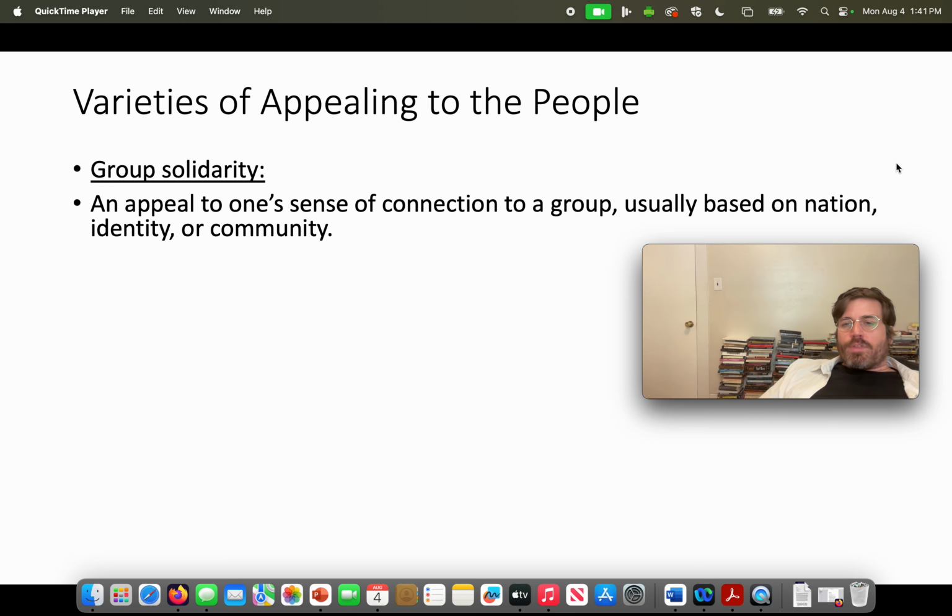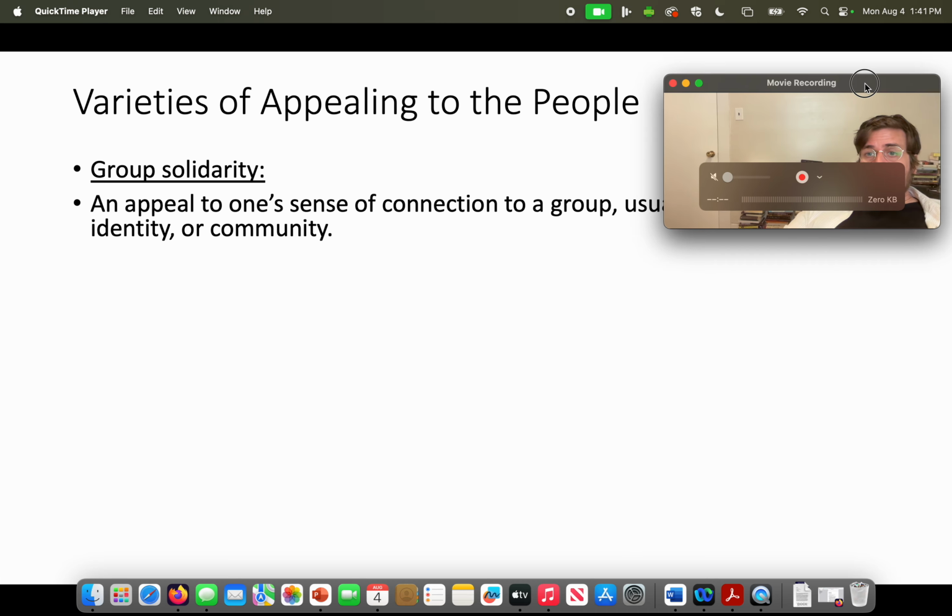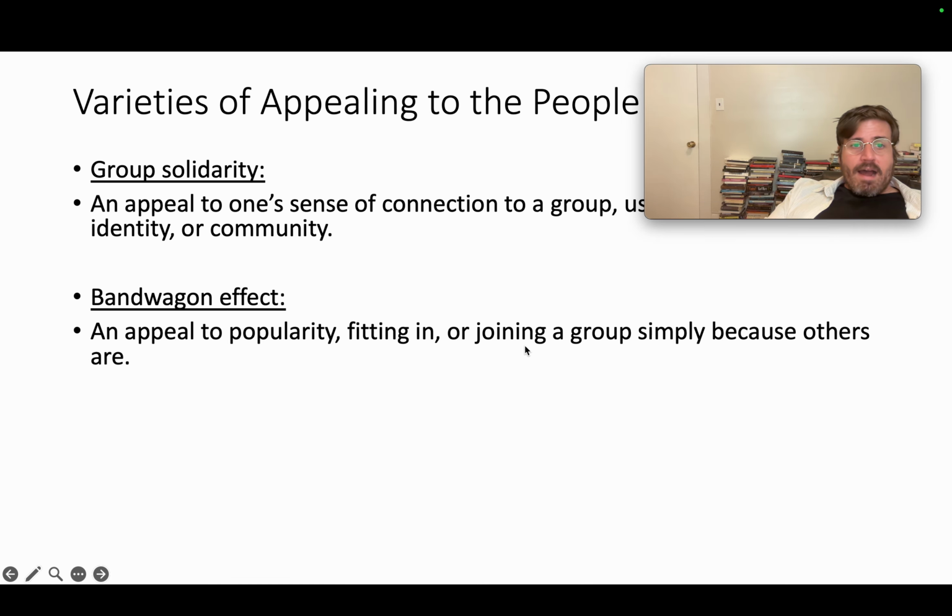It's connected up with a community that might be of value to us, right? The claim might refer to one's belonging to a nation or to their identity. Usually it's a kind of tribalistic type of argument, right?